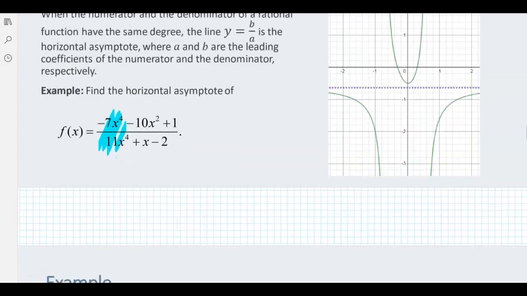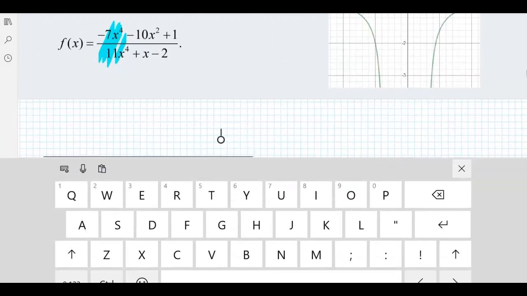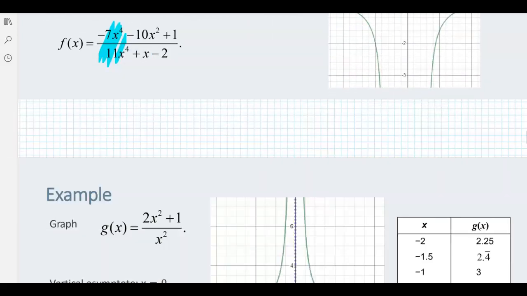If I were to take every single term in this original function and divide it by x to the 4th power, this would be 10 over x squared plus 1 over x to the 4th. I'm just rewriting all of these items.